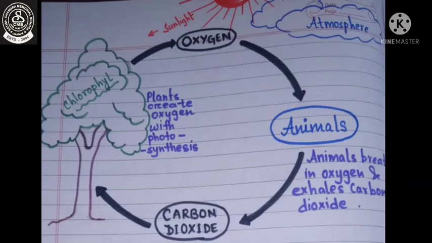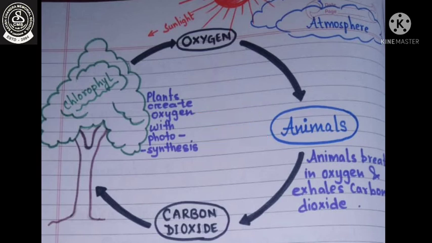So, when we are breathing, we are taking the oxygen that is released by the plants and we are giving out carbon dioxide, which is again taken by the plants for the process of photosynthesis. So this is a cycle which goes on and on and on. And in this way, the plants and the animals are interdependent on each other.